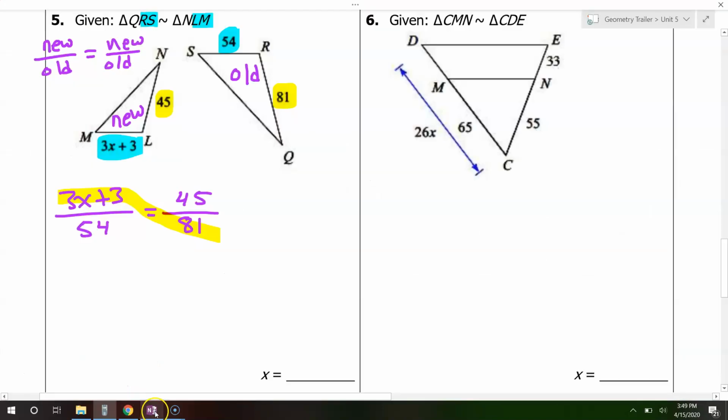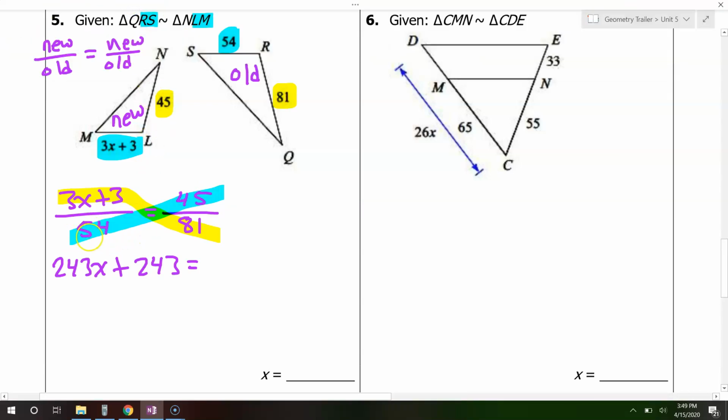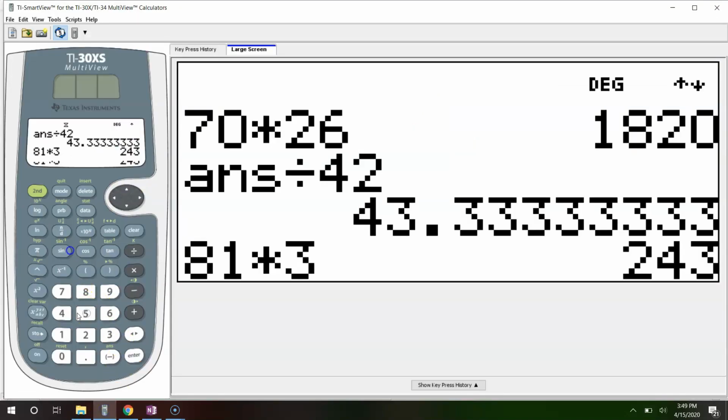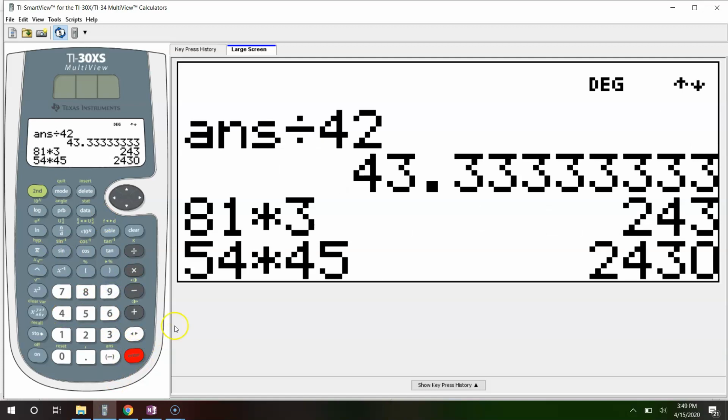That's 243. So that's going to give me 243x plus 243. And then I need to multiply the up diagonal. All right, 54 times 45. 2,430.